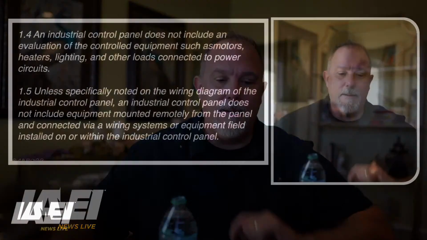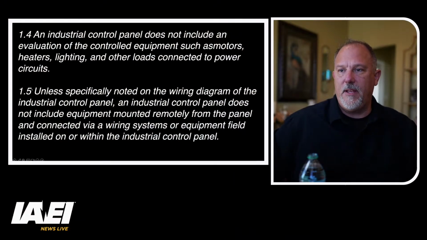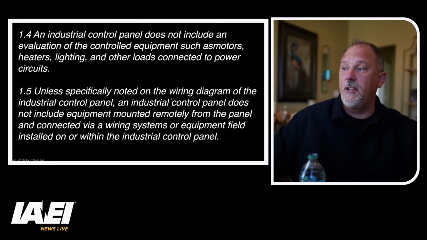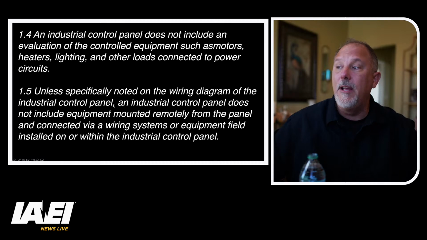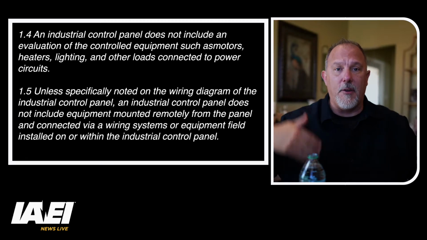That should be a separate line item, like 1.5. If I would make a comment to the standard, I would make that a separate 1.5: unless specifically noted on the diagram of the industrial control panel, an industrial control panel does not include equipment mounted remotely. These are two independent thoughts from each other.